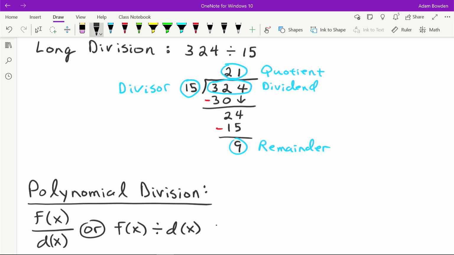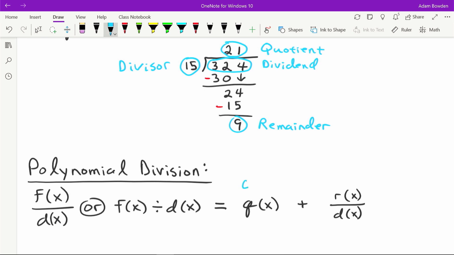And so the result of polynomial division will be written as q(x) plus r(x) over d(x), where q, again, stands for the quotient from our division, r(x) stands for the remainder, and d(x) is the divisor.